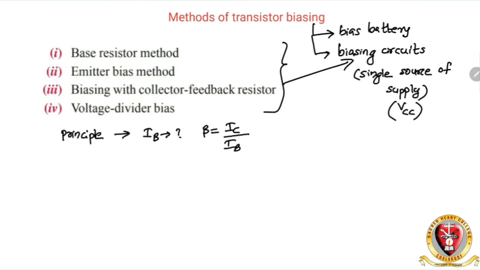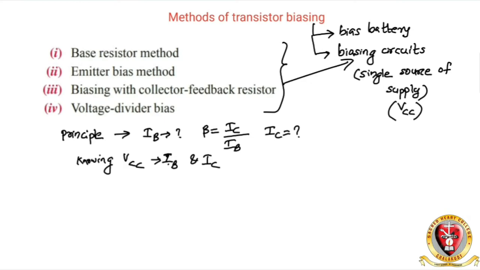Knowing beta and IB, we will get IC. So this is the usual method: knowing VCC, that is this power supply, we can find IB and IC. This is the basic principle involved in transistor biasing.